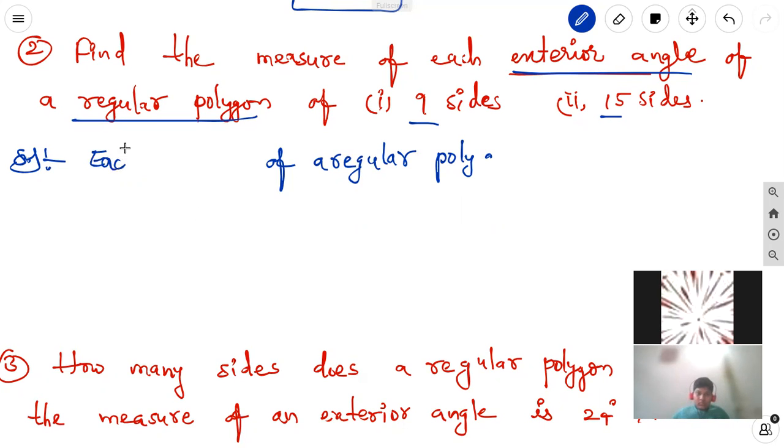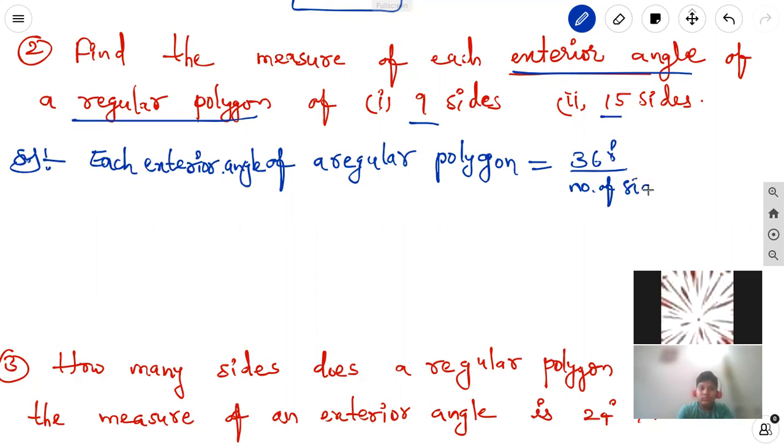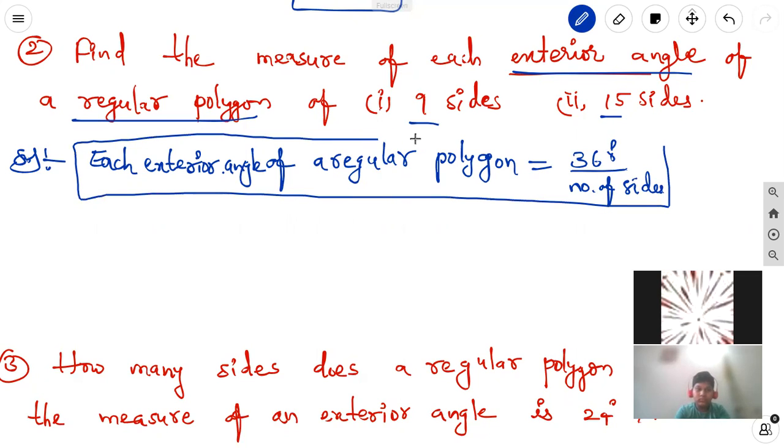Each exterior angle of a regular polygon equal to 360 degrees by number of sides. Why? Because in the regular polygon, the length of the sides are same.